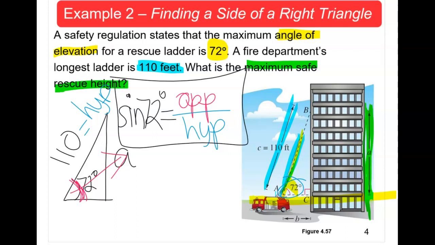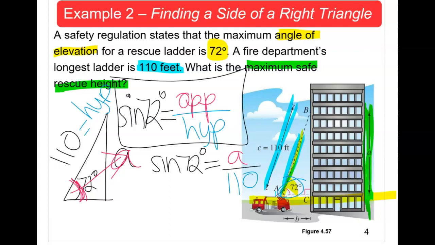Now, can we solve this? Yeah, absolutely, because we do have an angle, but we also have one of the measurements. And so if you have two things, you could solve for the third one. So the sine of 72 degrees is equal to a, instead of opposite I'm going to use the letter a, divided by the hypotenuse, which is 110.